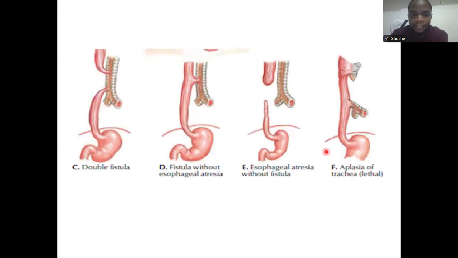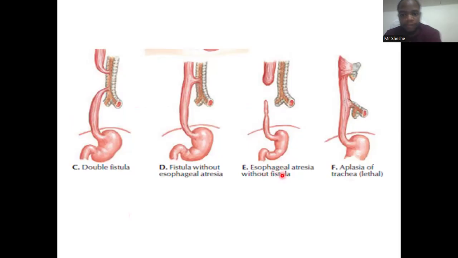All right. There are different types of tracheoesophageal fistula, as you can see here. You can see that the esophagus is not complete. It's split in half. One portion of the esophagus is connected to the trachea, and another one is at the bottom there. So we have a double fistula, or fistula without esophageal atresia. In this case, there's esophageal atresia, where there's no connection between the esophagus and the stomach, so food content will not reach the stomach.